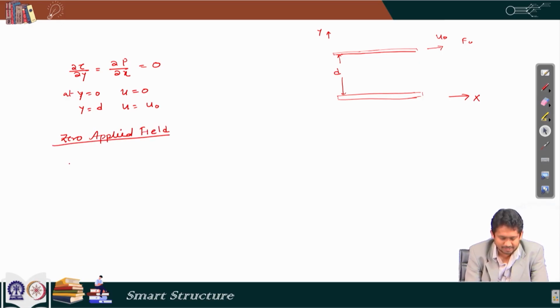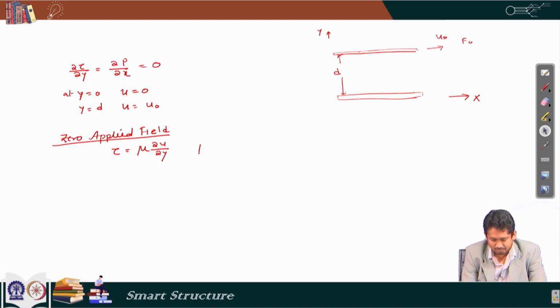Now under the 0 applied field my constitutive relation is tau equal to mu multiplied by del u by del y, and then if we put this relation in the governing differential equation, the expression becomes mu multiplied by del 2 u by del y 2 is equal to 0.